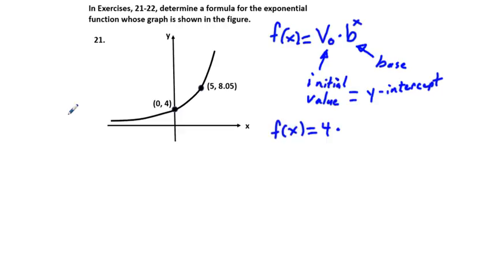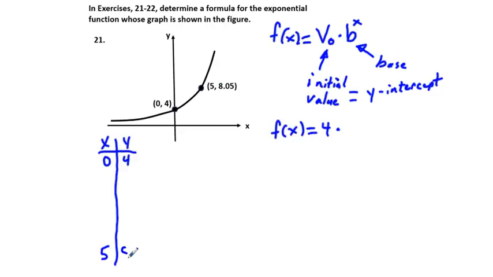Well, to do that, I'm going to go ahead and make a table just to figure out what it is. So we have a table with x and y input values. So for an input of 0, we have an output of 4. And we come all the way down to x equals 5, which I'm going to do down here.